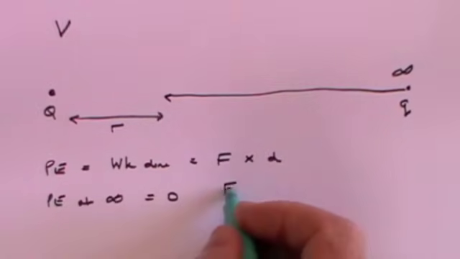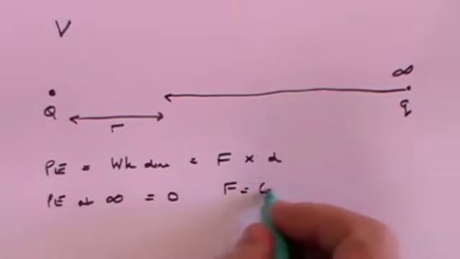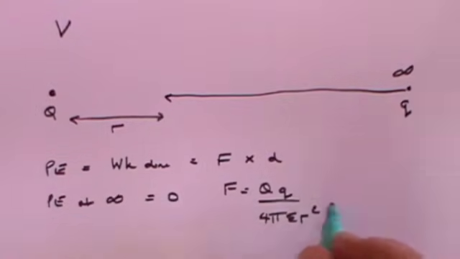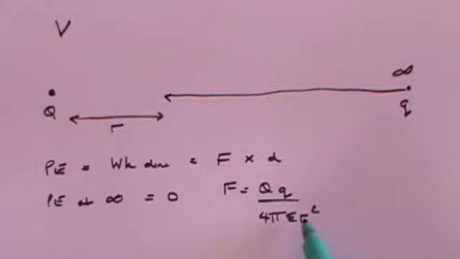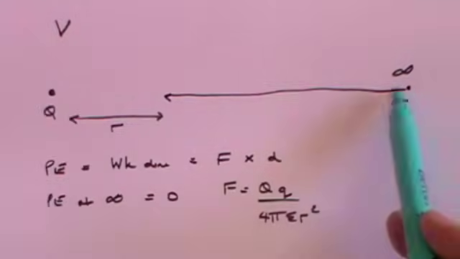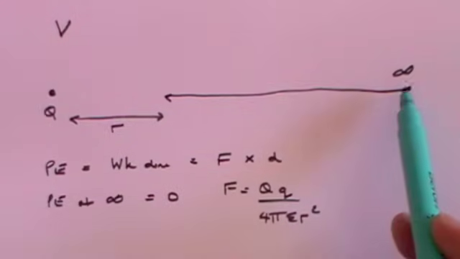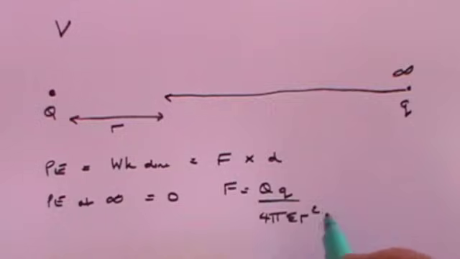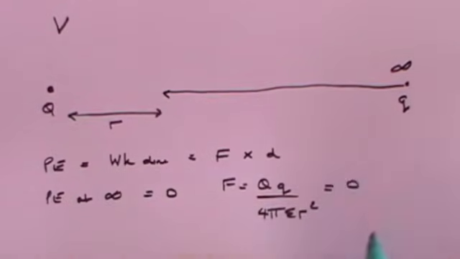Well, the force, as we saw right at the beginning, is going to be Qq over 4 pi epsilon r squared, where r is now infinite because it's the separation of the two charges. And when q is at infinity, in other words, infinitely far from capital Q, then r squared, infinity squared, is going to mean that the force is 0 because you've got an infinity squared term in the denominator.